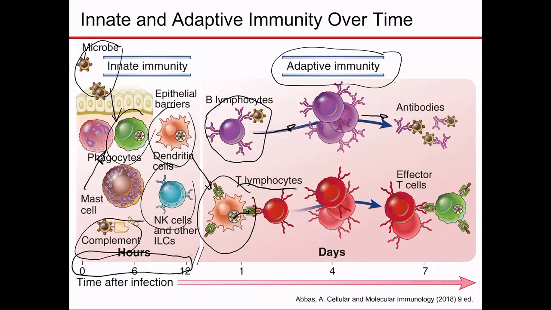Now, when we talk about the adaptive immunity being produced, we're talking about a longer process here, especially if this is the first time that our immune system sees that particular microbe. It could take up to 7 days. However, in order to get high levels of, for example, antibodies, it could take longer.